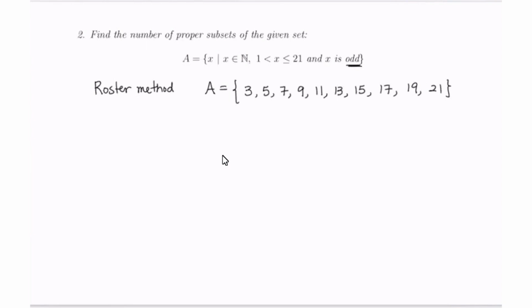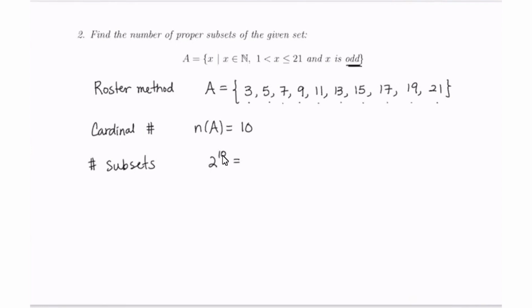And then let's count how many there are. So the cardinal number, which is the number of elements of set A. How many are they? 1, 2, 3, 4, 5, 6, 7, 8, 9, 10. 10 of those. So the number of subsets, from the previous one, is 2 to the power 10, which is, anyone have a number?